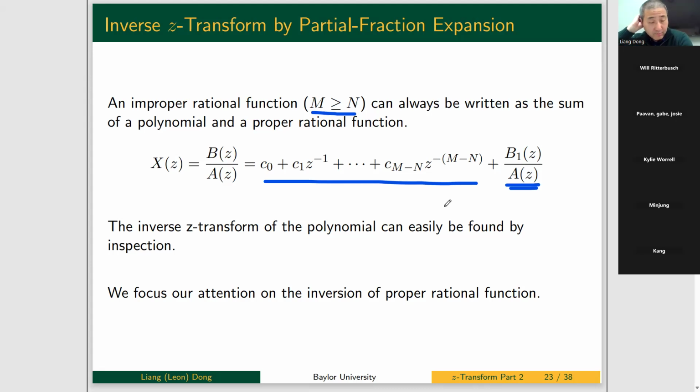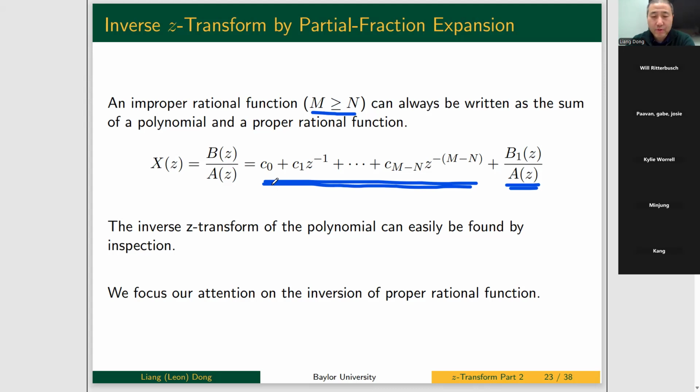So, doing the inverse Z transform of this polynomial, can we do that? We did it before, weeks ago, that we actually can do that relatively easily.